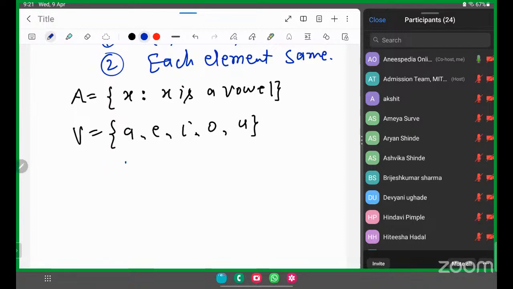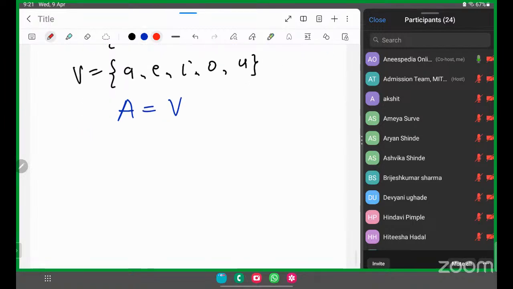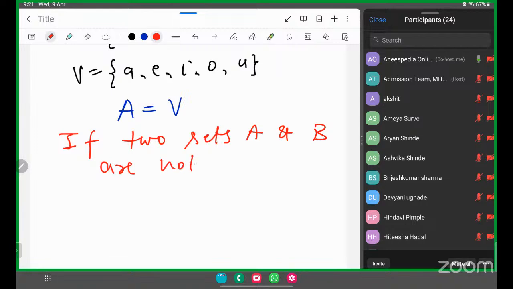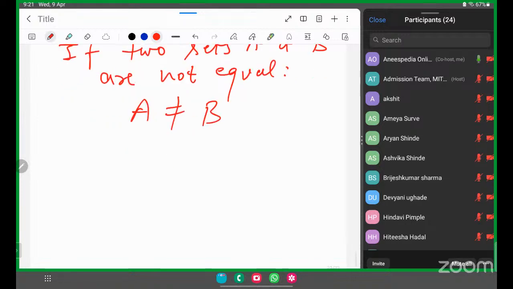So we can say that set A is equal to set V. If two sets A and B are not equal, then we will write it as A is not equal to B. Understood?